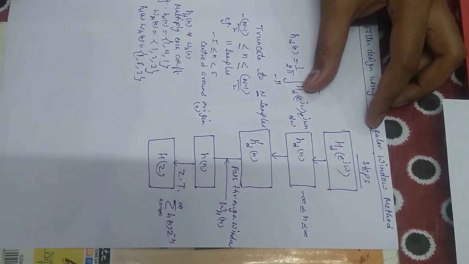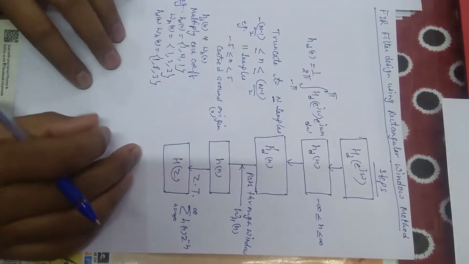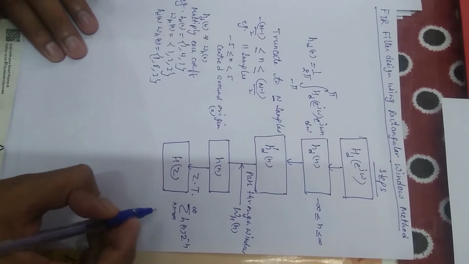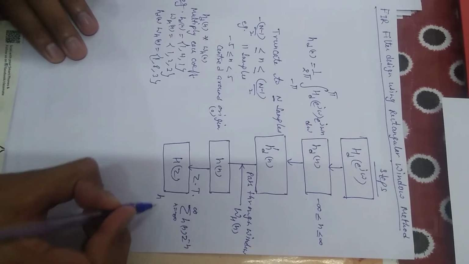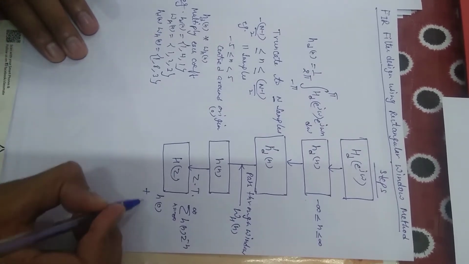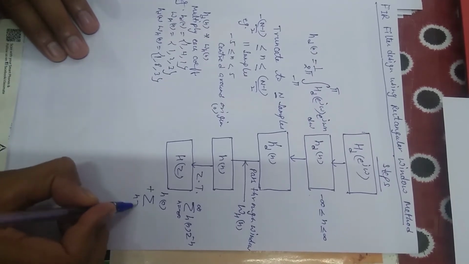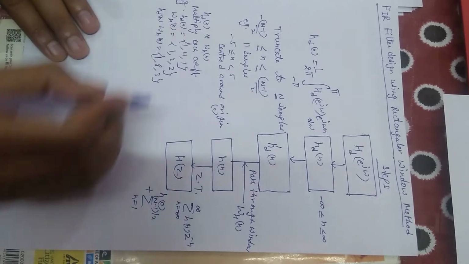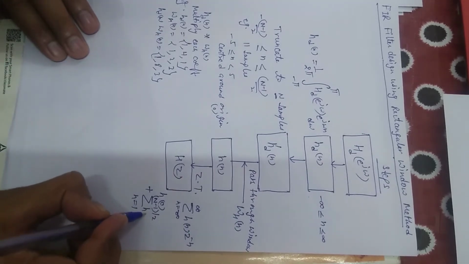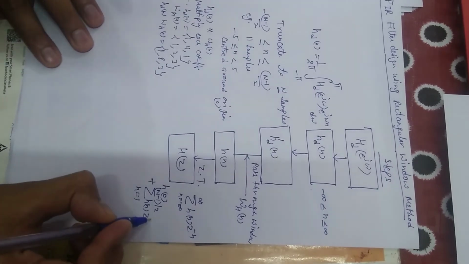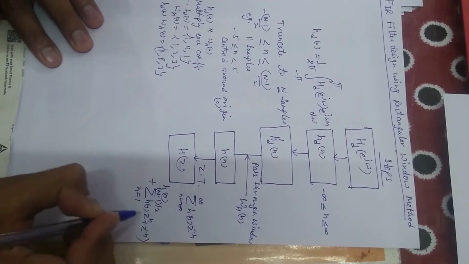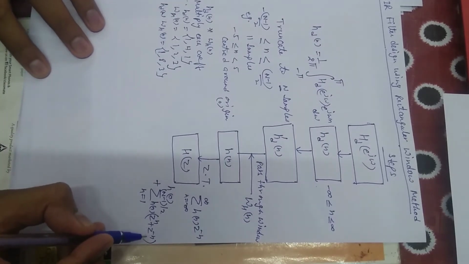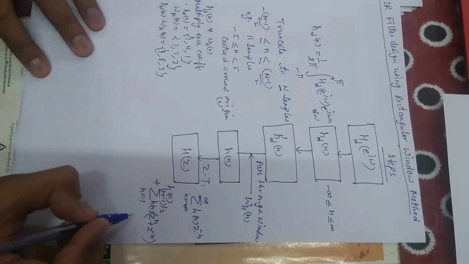As it is symmetric, we can write the Z transform like that: h[0] plus the sum for n equal to 1 to (N minus 1) by 2, here for example 5, of h[n] times (z raised to power n plus z raised to power minus n), because it is symmetric around the center.